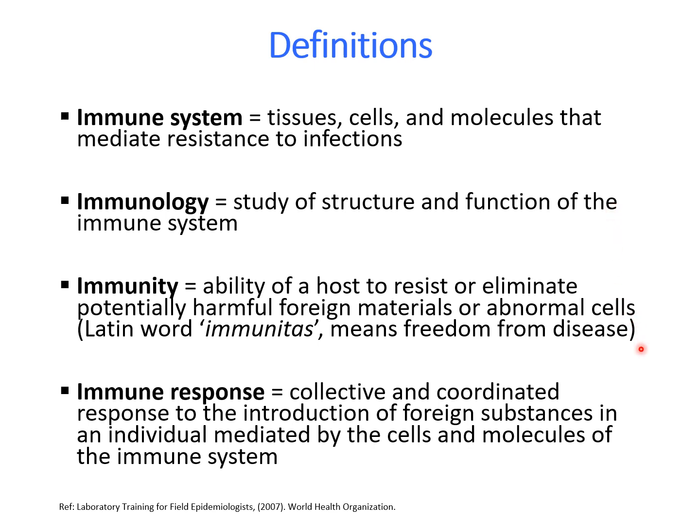Immunity is the ability of a host to resist or eliminate potentially harmful foreign materials or abnormal cells such as bacteria, viruses, parasites, and cancer cells. Immune response is how our body recognizes and defends itself against bacteria, viruses, and substances that are foreign and harmful.